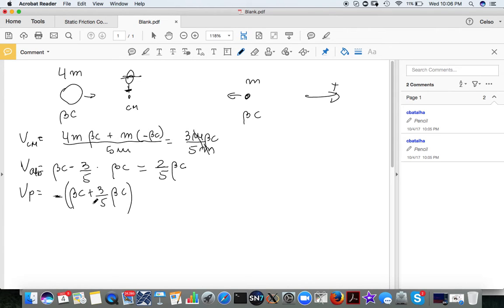It's negative. That's how you see it, because you are moving towards its direction, so you sum up its speed. And so you have a velocity as seen from the center of mass of negative 8/5 of βc.